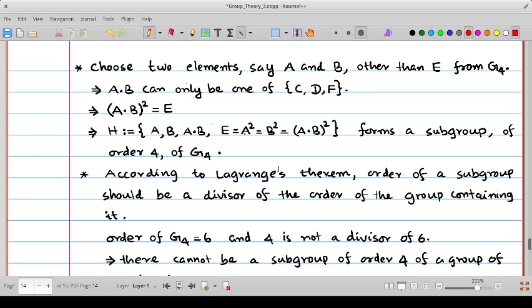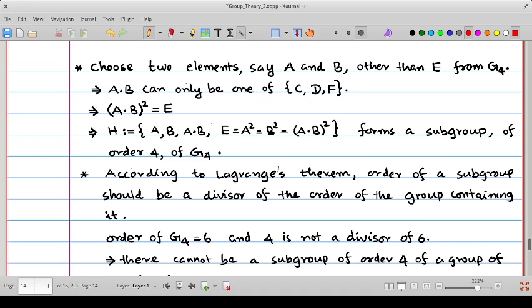And all other properties like associativity, etc. follow from the group property itself. So that means the elements A, B, AB and E form a subgroup of the group G.